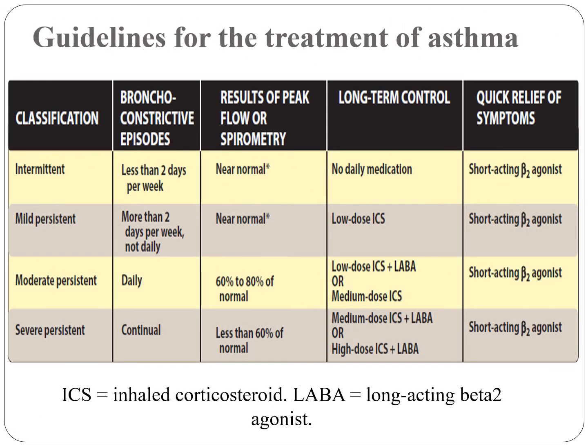These are the guidelines for treatment of asthma according to the classification of asthma. If asthma is classified as intermittent, it means the bronchoconstrictive episodes occur less than 2 days per week, less than 1 or 2 times per week.